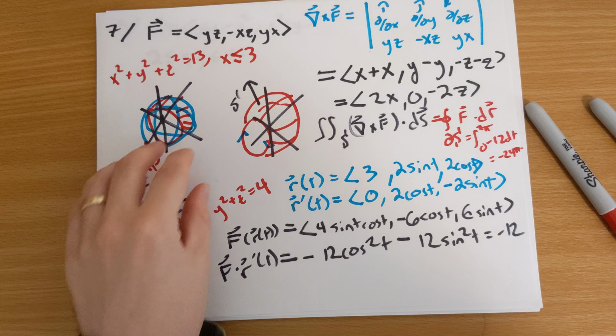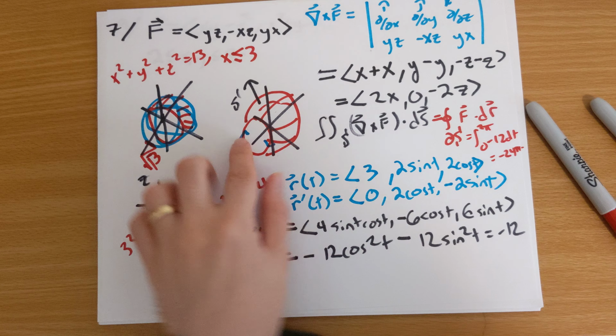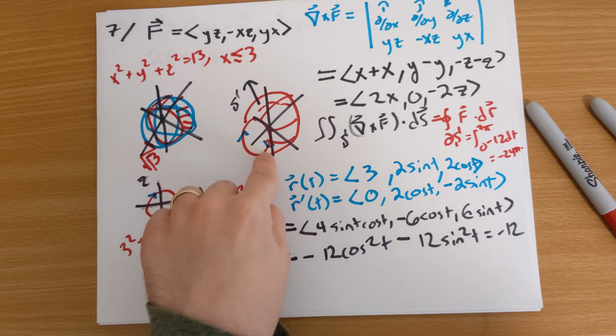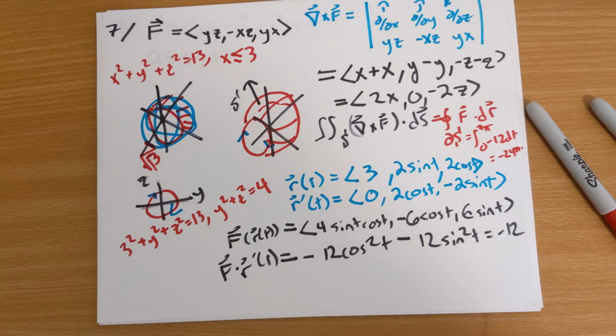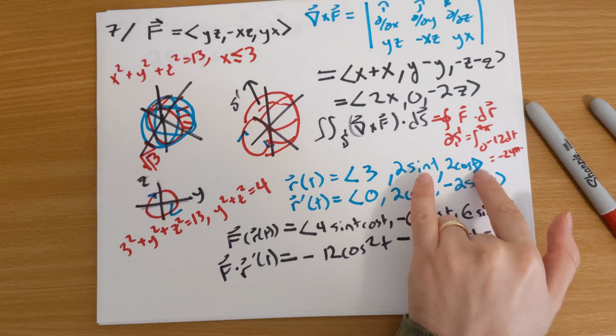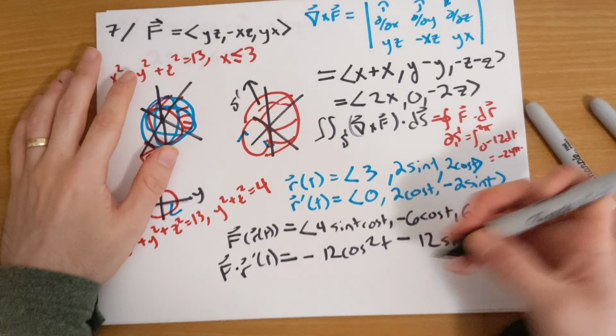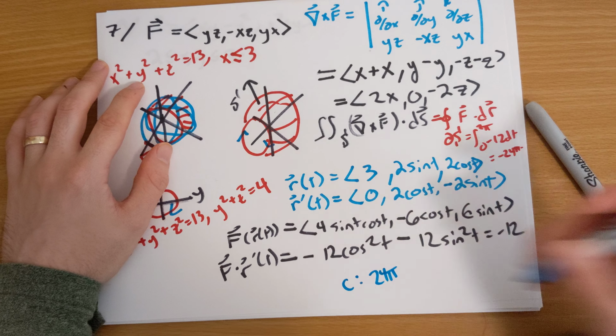So we would do the same thing here. The only difference is that because now our surface is on this side, this part right here gets oriented counterclockwise, not clockwise. And so the only thing that changes is that sign, and the answer to part C ends up as positive 24 pi.